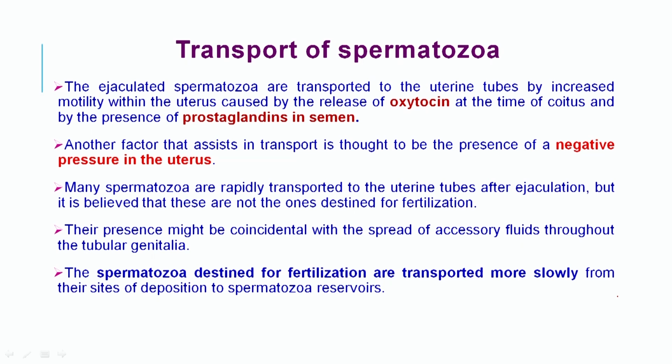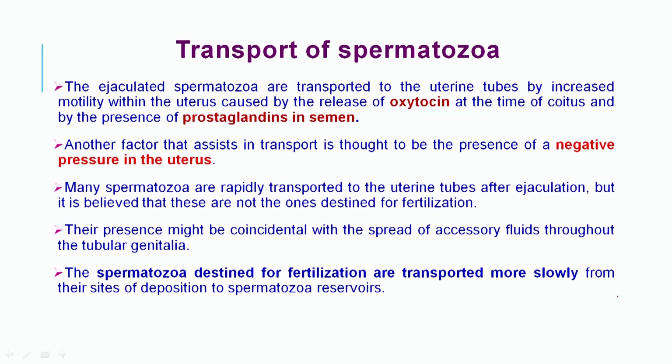Another factor that assists in the transport is thought to be the negative pressure in the uterine tube or uterus, which also helps in the transportation of the spermatozoa into the uterus.